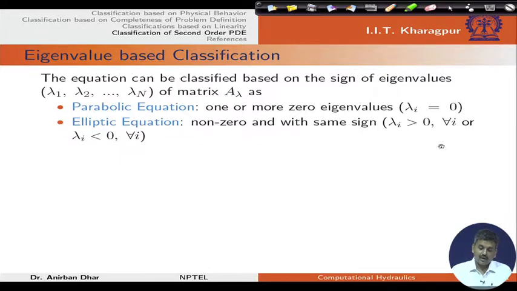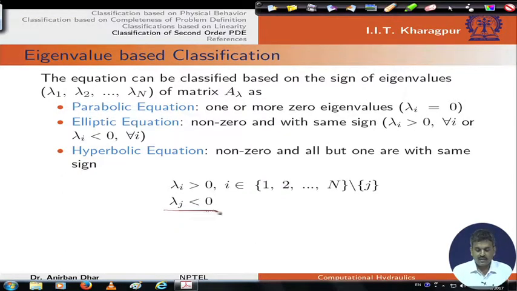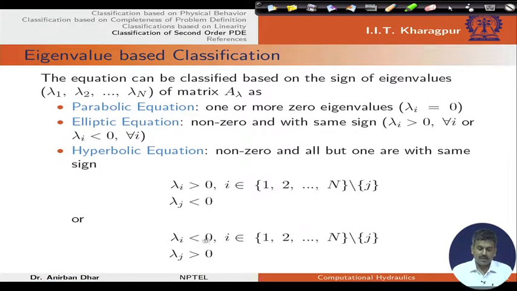If we have hyperbolic equation, then non-zero and all but one are with same sign. That means for a particular jth eigenvalue, this is less than 0, for others it will be greater than 0, or combination can be lambda i less than 0 and lambda j greater than 0.